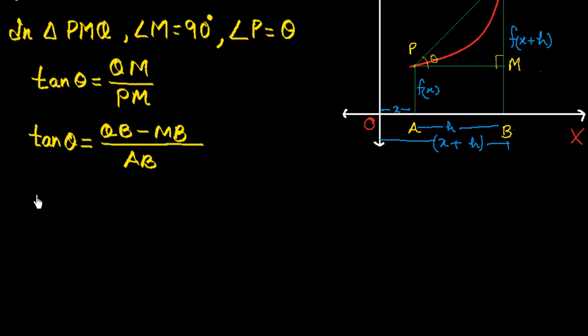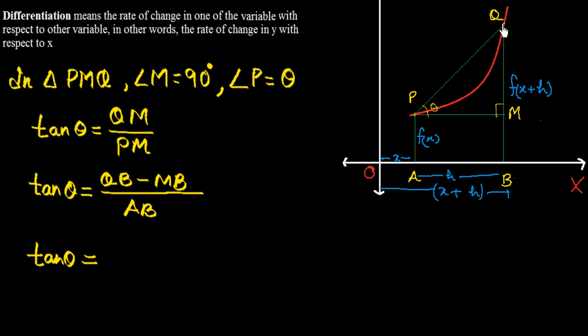Now tan theta is equal to QB, which is f of x plus h, as we have seen, minus MB. MB is equal to PA, which is f of x. So we put here f of x, over AB, which is h.